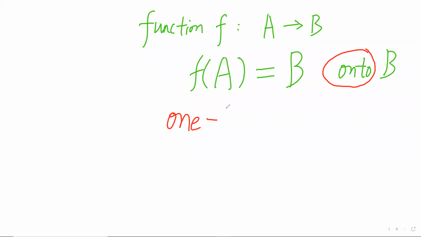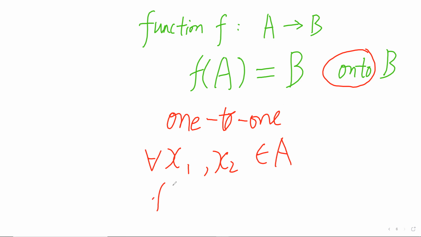This means for every x1, x2 in A, f(x1) does not equal f(x2). This means this function is one-to-one.